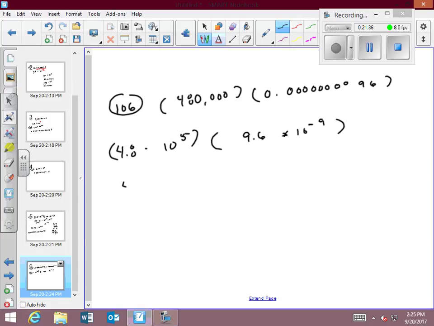Now then, 4.8 times 9.6, and then times 10 to the 5th, 10 to the minus 9. So my decimal is going to be moved 4 places left, right? After I get through multiplying 4.8 and 9.6.